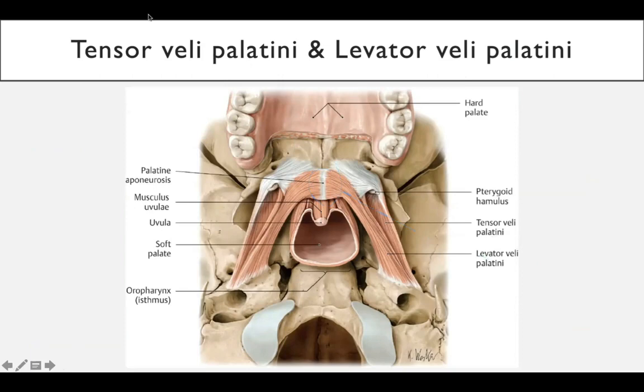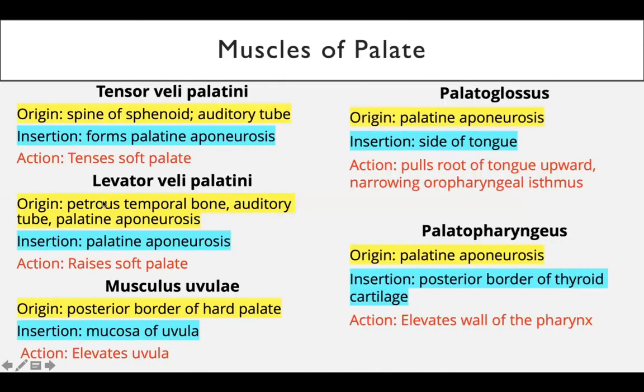Okay, let's check. Yeah, levator is taking origin from the palatine and insertion to the palatine. So what is your tension? Why are you tense? You tense the soft palate, I understand. So you are tense because you also form the palatine aponeurosis. Okay, we give you this much credit.